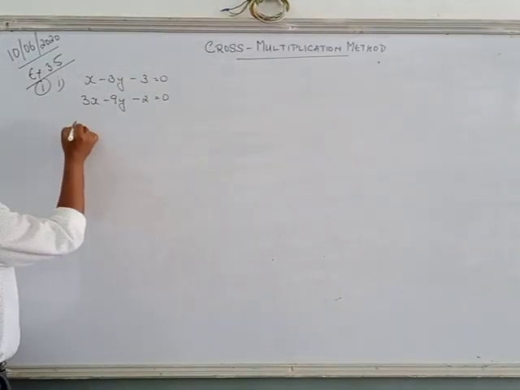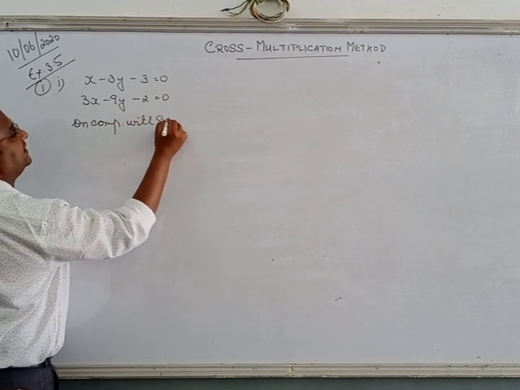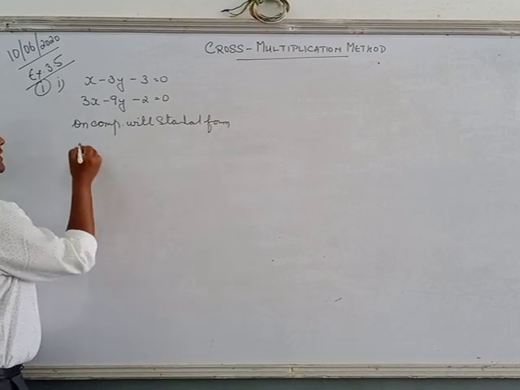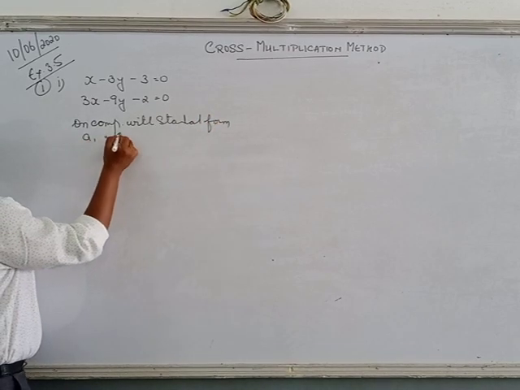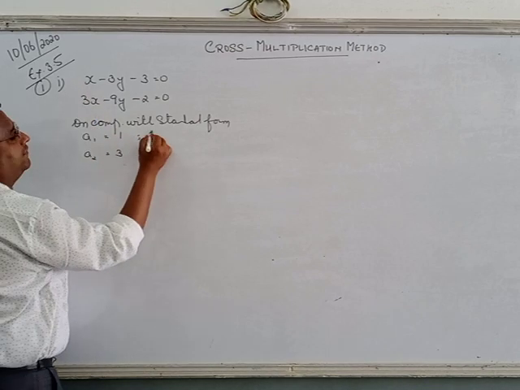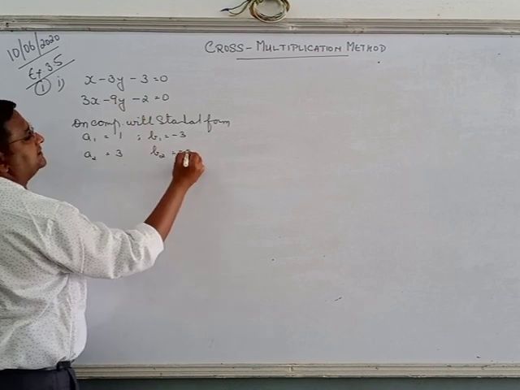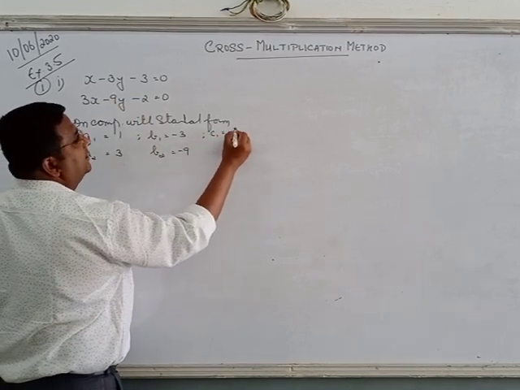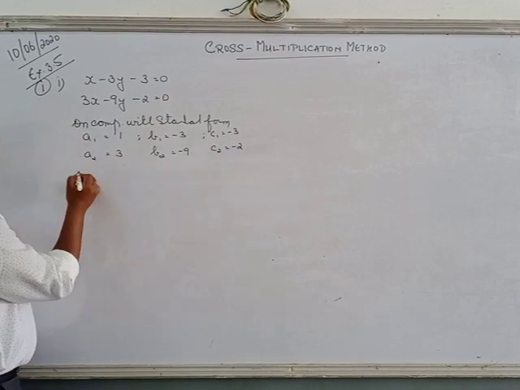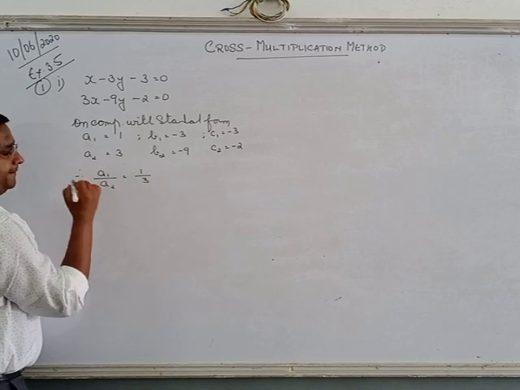On comparing with the standard form, A1 is 1, A2 is 3, the coefficients of x; B1 is minus 3, B2 is minus 9; and C1 is minus 3, C2 is minus 2. So what do we see? A1 upon A2 is 1 by 3.